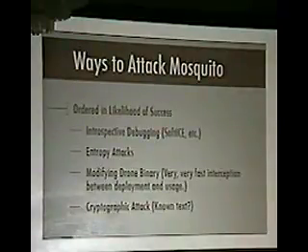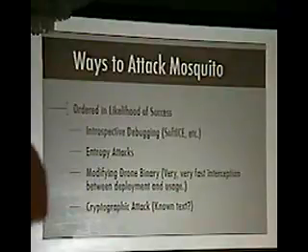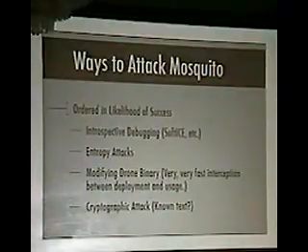Now we have some ways to attack Mosquito. We have introspective debugging. If somebody is sitting on a machine with SoftICE, there's not much we can do about it. As I've discussed, there are entropy attacks, and if you are fast enough, you can modify the drone binary itself before it's invoked.